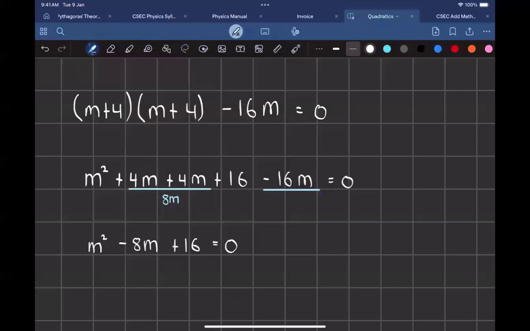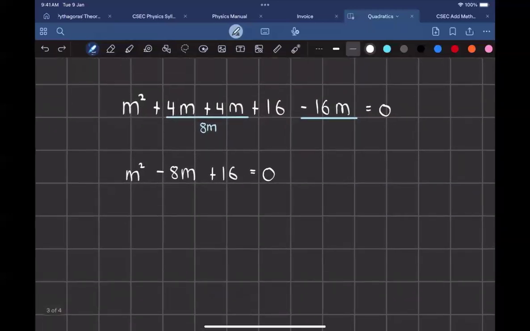And now we have from here, you find for m. This equation is a what? It starts with q. It's a quadratic. It does have x, but it has m. So let's find for m.